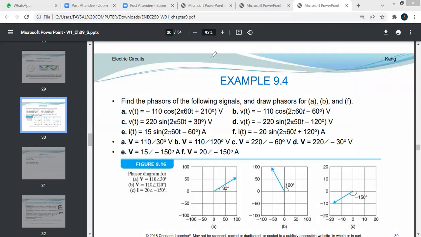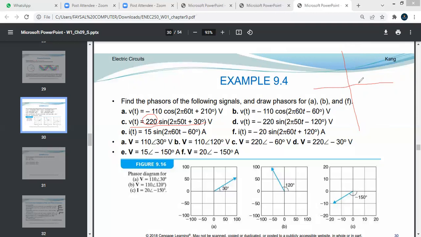Okay, for part C, this is part C. Part C value is this one. As my amplitude value is what? Amplitude value is 220. So first I have to draw here again the Cartesian coordinate.